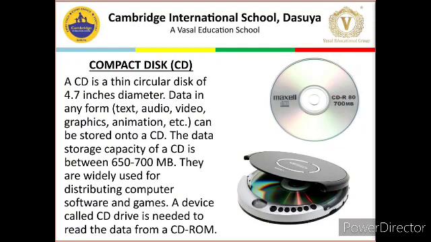They are widely used for distributing computer software and games. And a device called a CD drive is needed to read the data from a CD-ROM. You can see the drive or the device on the screen, and the above one is the CD.